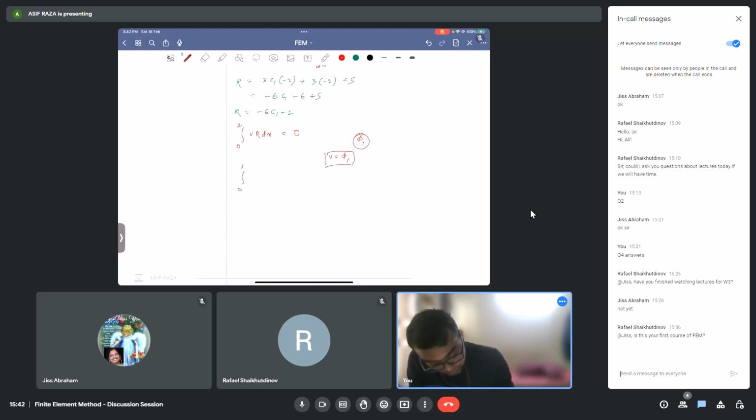So take v as phi 1, R is minus 6 c1 minus 1, integral of v R dx equal to 0.